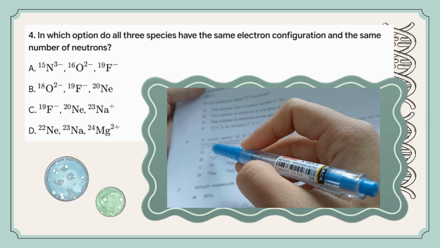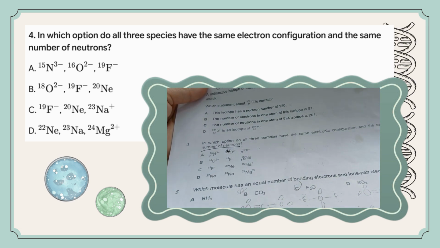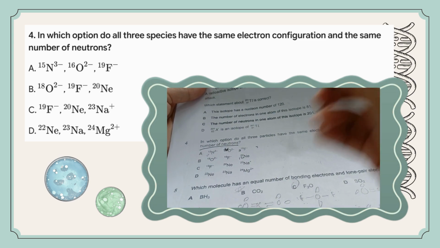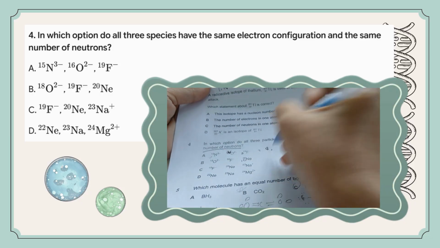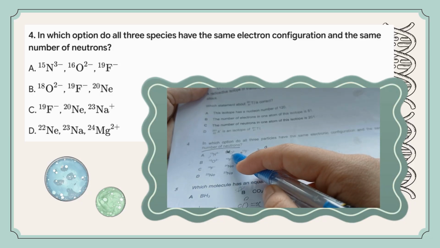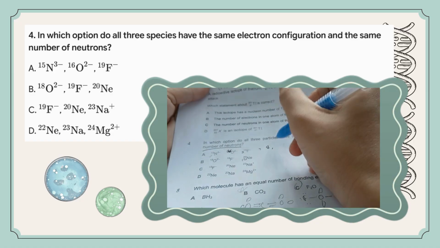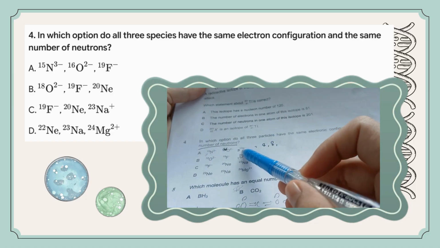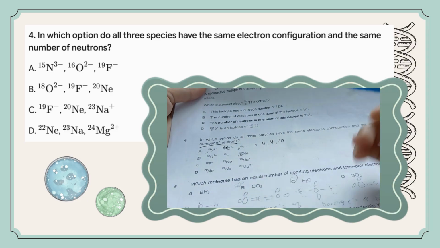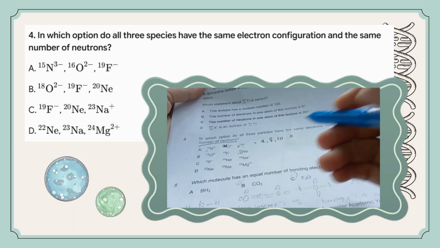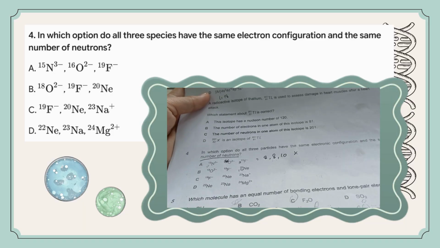First, we have nitrogen-15, and nitrogen has 7 protons, so we subtract: 15 minus 7 equals 8. Oxygen has 8 protons, so 16 minus 8 equals 8. And fluorine has 9 protons, so 19 minus 9 equals 10. But these three are not all the same, only two are the same, so option A is wrong.